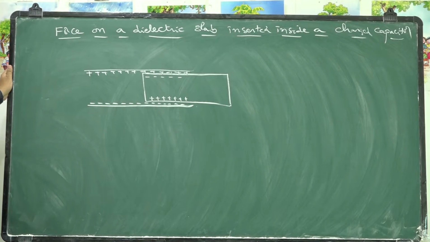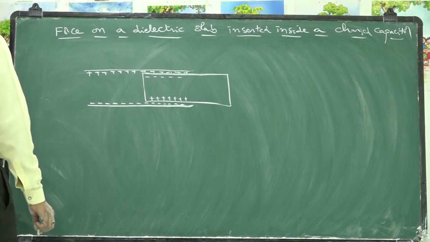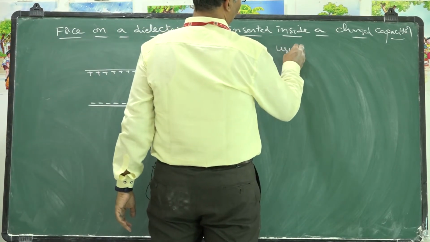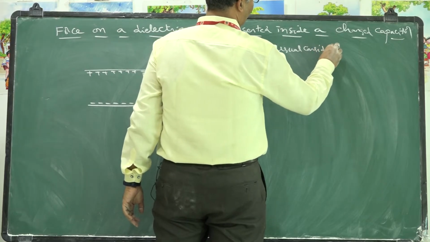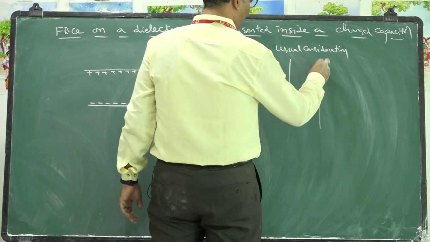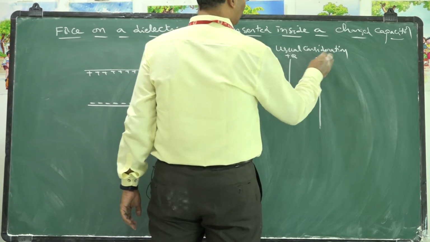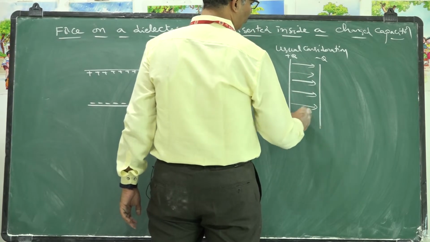If you observe clearly, usually we will take like this, usual consideration. In usual consideration, if two plates are like this, one is given positive charge, another one is given negative charge, the electric field is uniform like this. All the lines of force are parallel to each other.